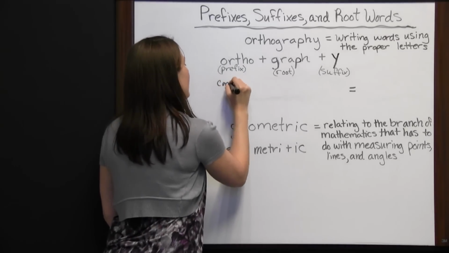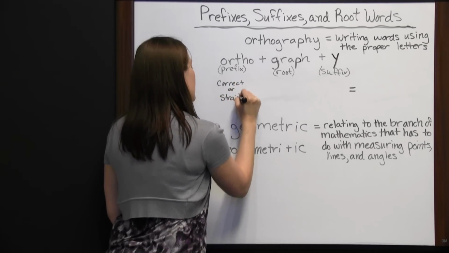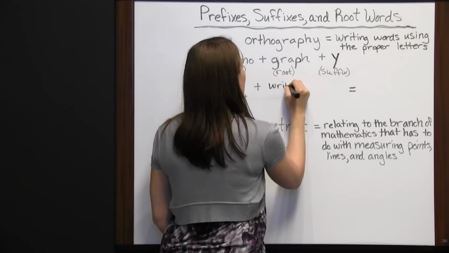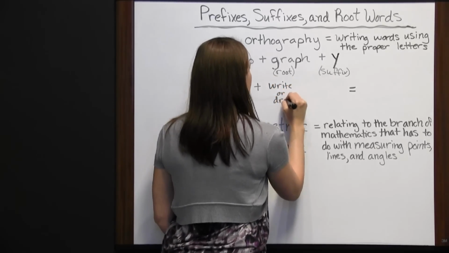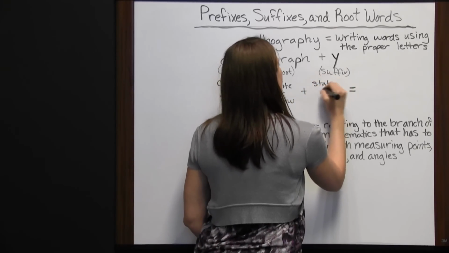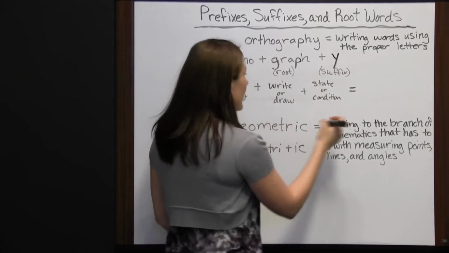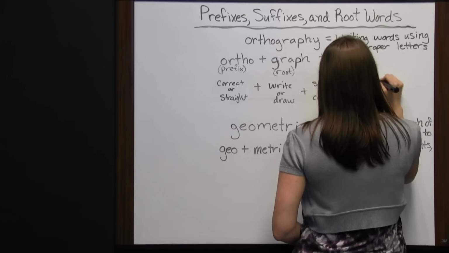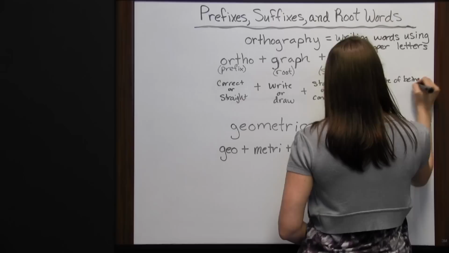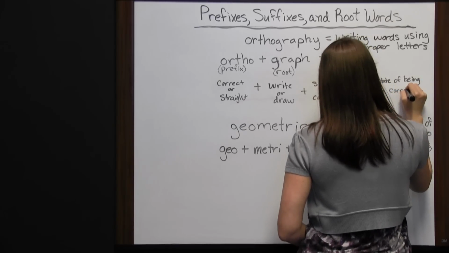Ortho means correct or straight. Graph means write or draw. And y means the state or condition of. So if we put all those together, we can get the state of being written correctly.